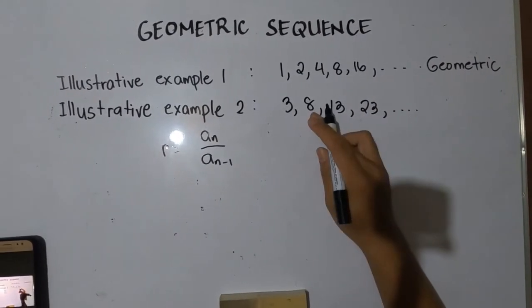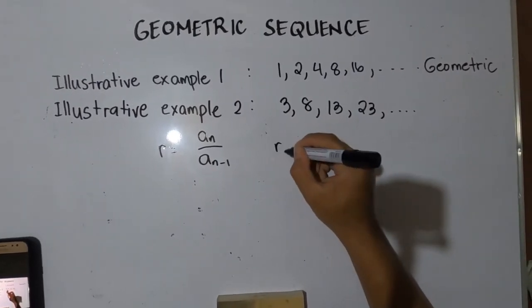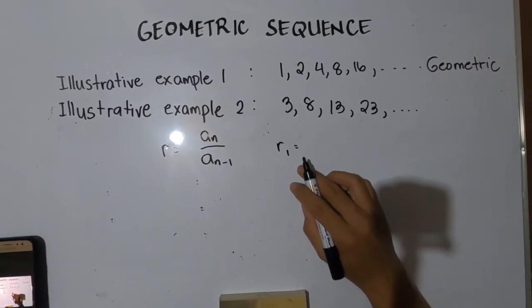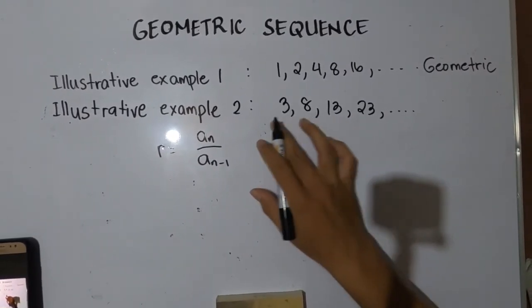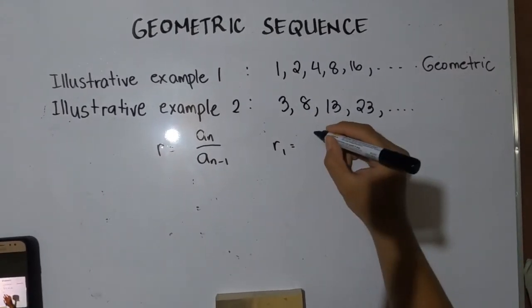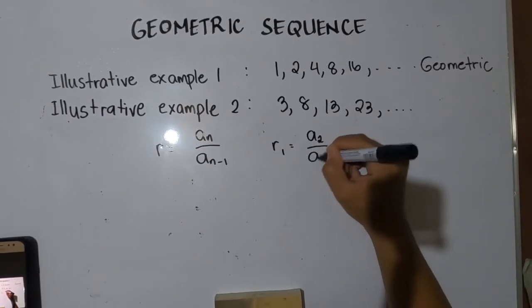So let's use the second term and the first term. Let's represent the ratio of the second term to the first term as r sub 1. So that will be the second term divided by the first term.